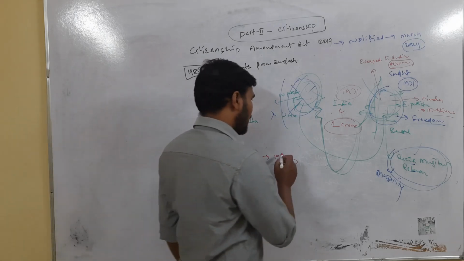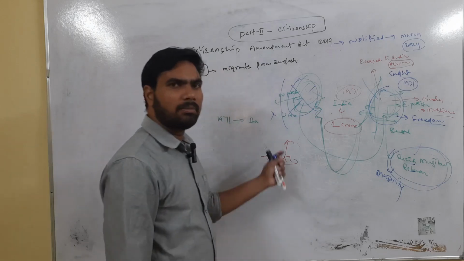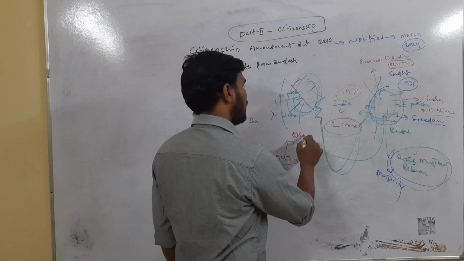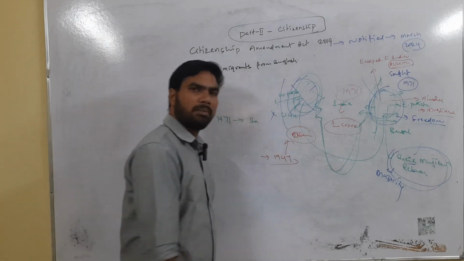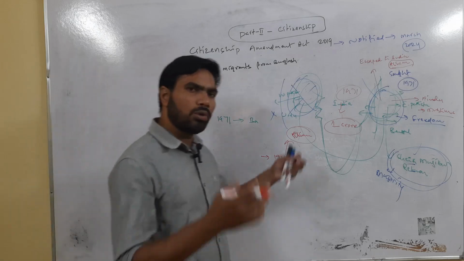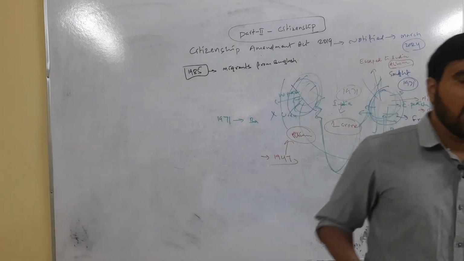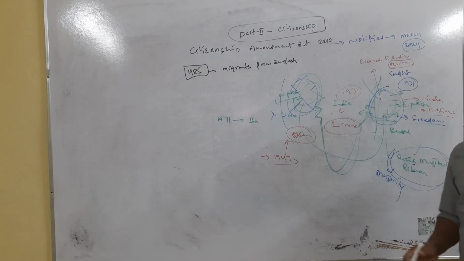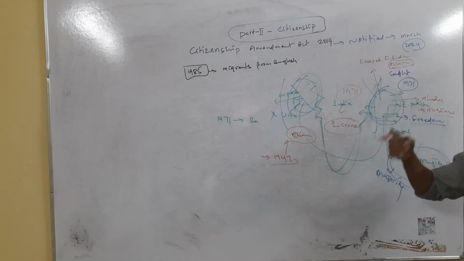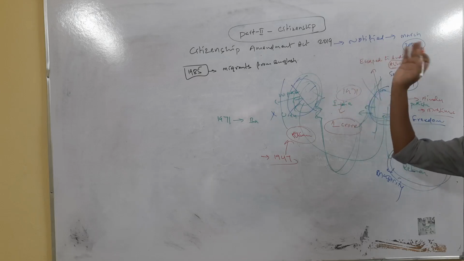At that time also many people fled the Bengal region and came to the state of Assam. So from that time also migration was a problem. But that was the time of independence and partition, so people did not raise their voice that much.